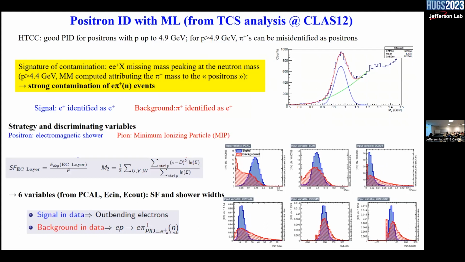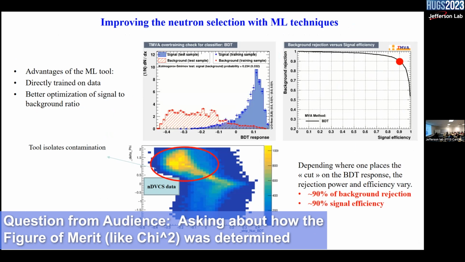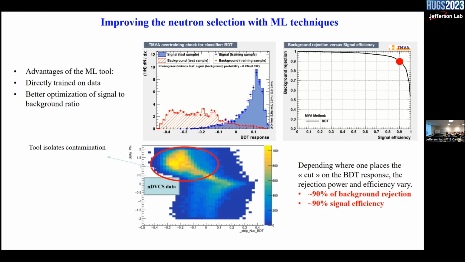We didn't use an analytic formula to decide the optimization. It's more or less a compromise. We try to be as pure as possible, because NDVCS is a very specific final state.